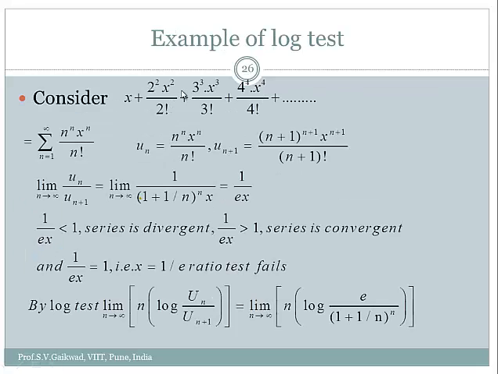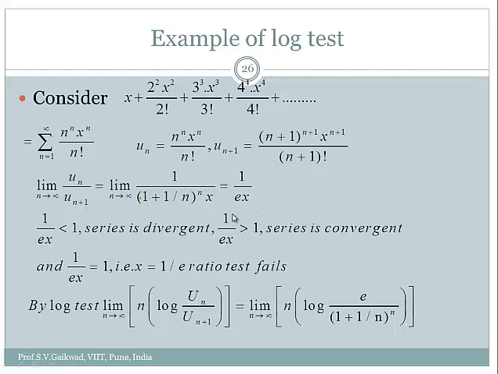x plus 2 square by x, 2 square x square by 2 factorial, 3 cube x cube by 3 factorial, and so on. The general term is n raised to n x raised to n upon n factorial. So this is un plus 1, the ratio un upon un plus 1, 1 upon 1 plus 1 by n raised to n into x, and if you find the limit of this, you know this is a standard formula, limit is e, so 1 upon ex is the limit.